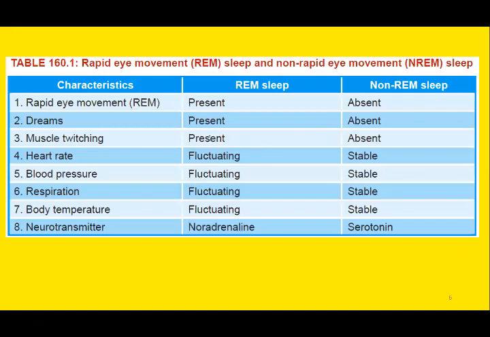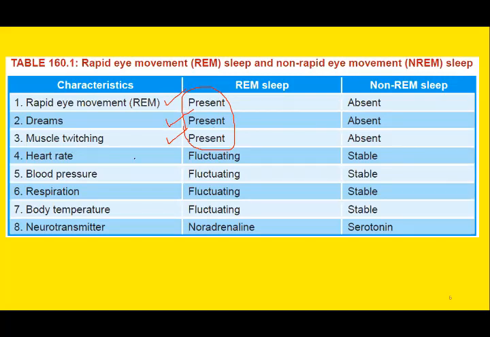Again, REM sleep is characterized by rapid eye movements, frequent dreams, and muscle twitching. Although the skeletal muscle tone is on the lower side, there is muscle twitching. So these are the three features of REM sleep. All these features are absent in non-REM sleep.